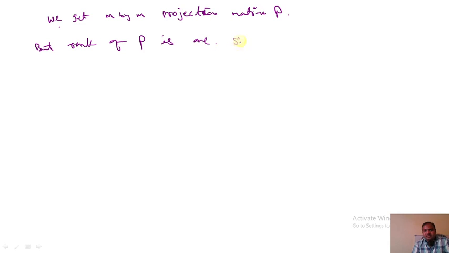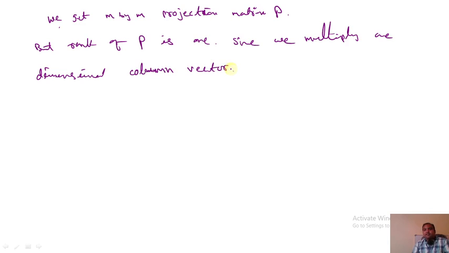Since we multiply a one dimensional column vector, the rank must be 1. So now we take an example.